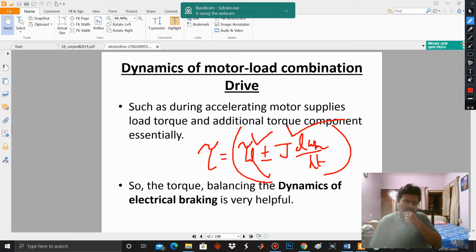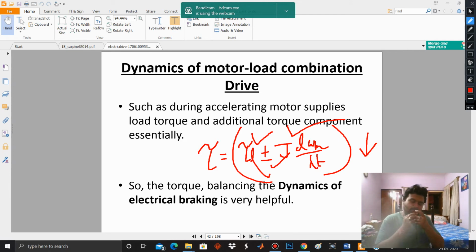So you see that the torque requirement of the motor is greater during acceleration, and the torque required by the motor during retardation is lesser, as this value is decreasing because a minus sign is there.